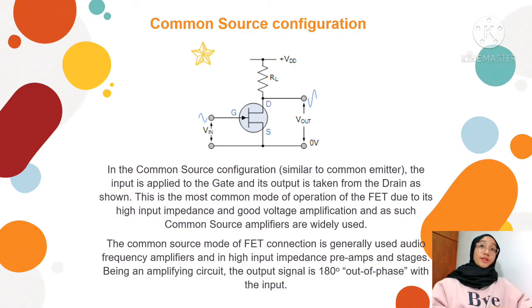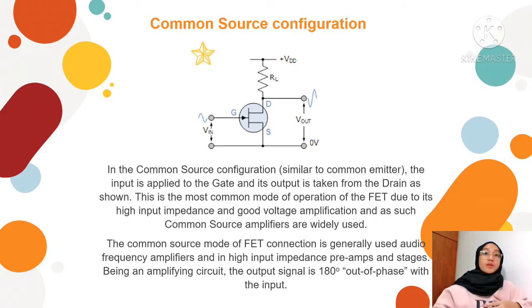So this is the common source configuration. In common source configuration, it is similar to the common emitter. The input is applied to the gate and the output is taken from the drain as shown. This is the most common mode of operation of the FET due to its high input impedance and good voltage amplification, and as such common source amplifiers are widely used.